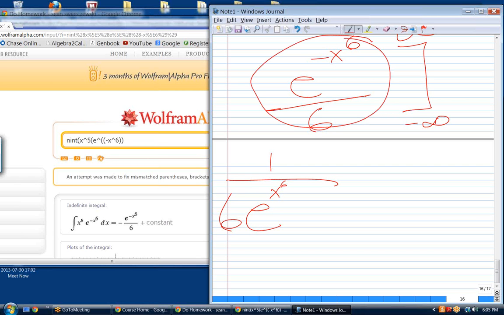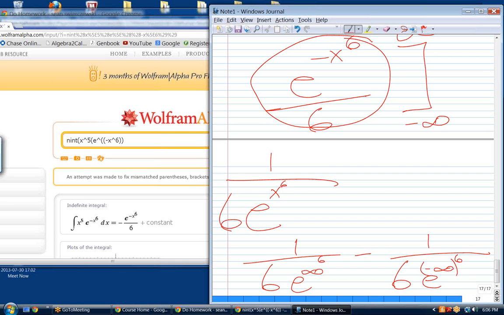Okay, so I'm going to plug in infinity for my first evaluation, which gives me 0. And then when I plug in negative infinity, notice I also get 0, because negative infinity to the 6th power becomes positive infinity, so the bottom still blows up again. So I end up with 1 over 6e to the infinity to the 6th power minus 1 over 6e to the negative infinity to the 6th power.